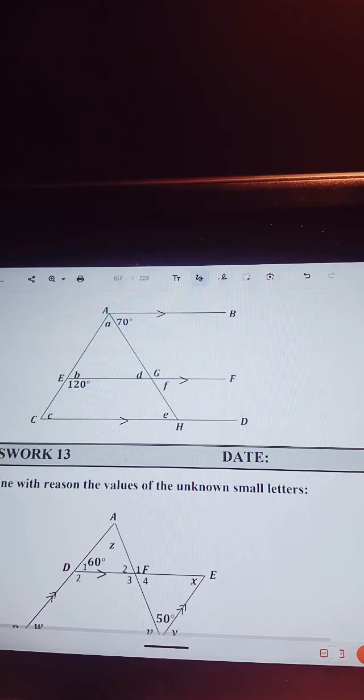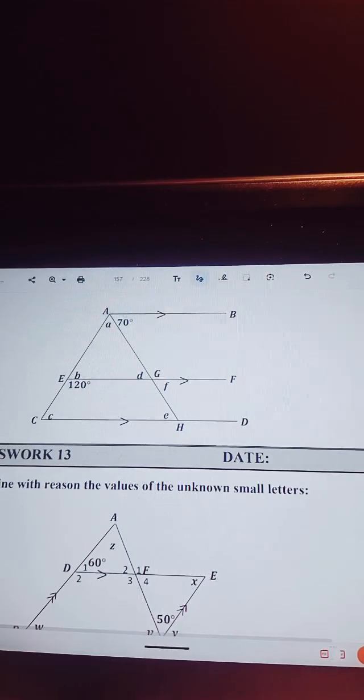Yeah, B is equal to 60, but I'm just struggling to make sense of why you'd say B plus 120 is equal to 180 is co-interior angles. The reason is what I'm fighting.